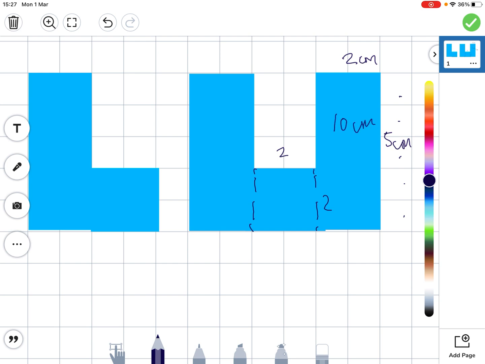And I'm sure the next side will be the same, 2 centimetres by 5 centimetres, so that'll be 10 centimetres. That's the area of just this rectangle, okay? So we've got 10, 10, and then the square would be 2 times 2, which is 4 centimetres.